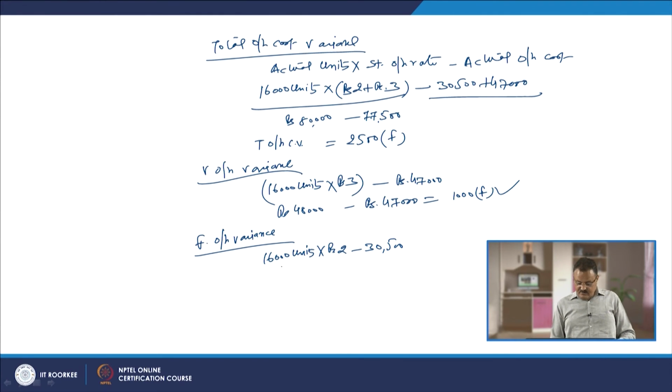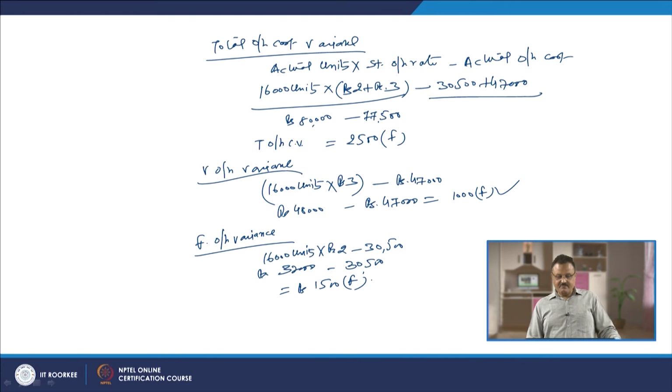So, how much does it work out as? Rupees 32,000 minus 30,500. And what is the fixed overhead variance? This works out as rupees 1,500, and this is also favorable. So, we have found out that the total overhead cost variance is 2,500 favorable, the variable overhead cost variance is 1,000 favorable, and the fixed overhead cost variance is 1,500 favorable.